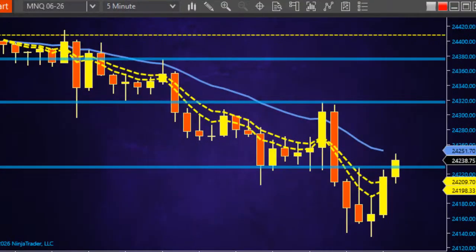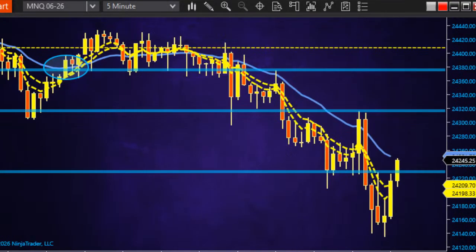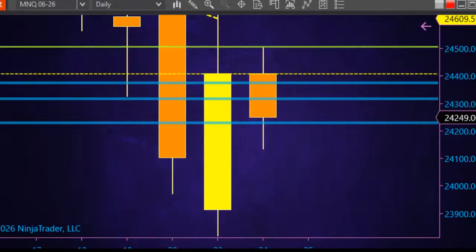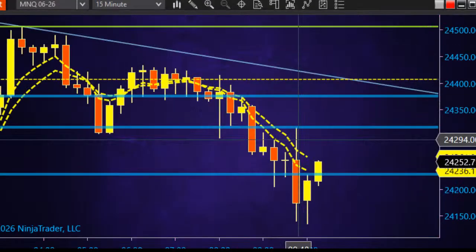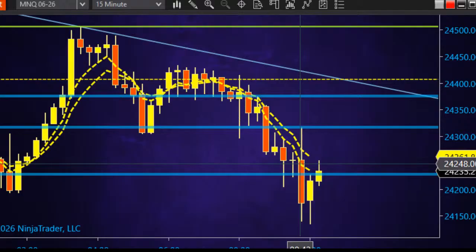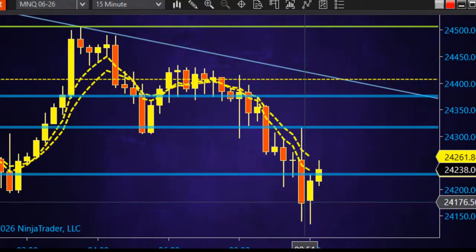Now, if your 5 minute is important to you, the 5 minute has not crossed over yet. Day chart is still very much red, and 15-minute is very much red also. So we're getting some lower time chart reversals in an overall downtrend, a big picture macro downtrend.